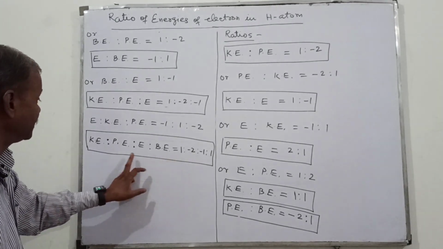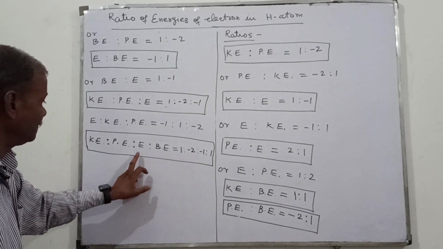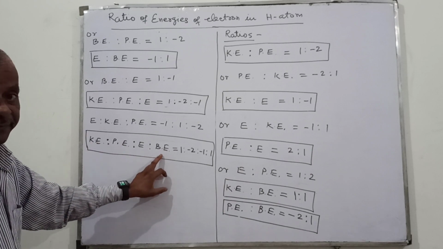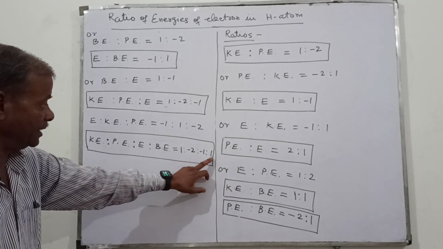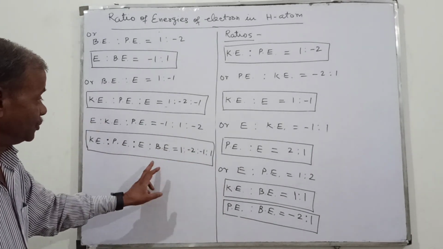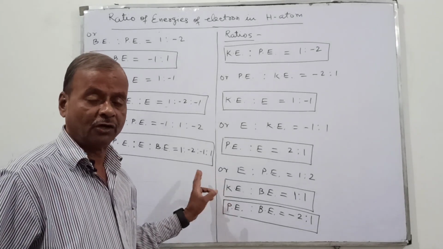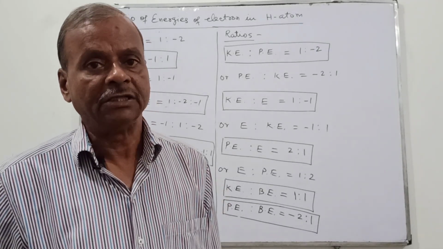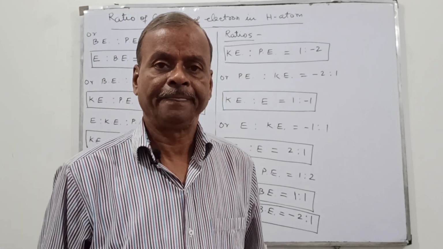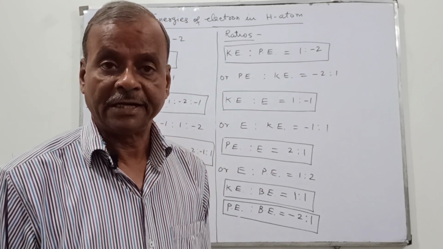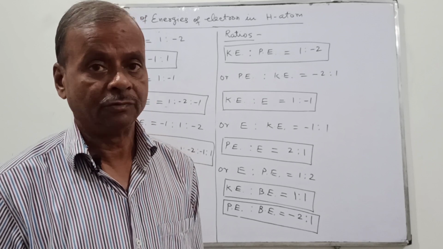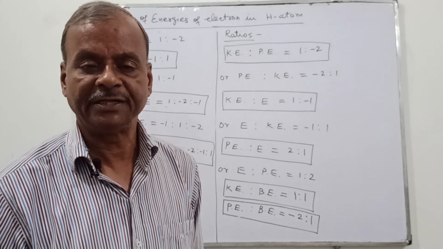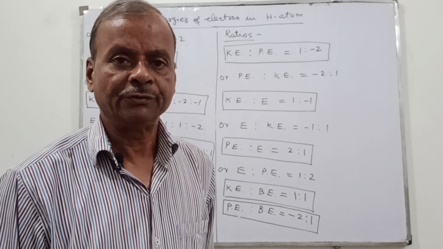But always remember that the potential energy is minus 2, total energy is minus 1, and the kinetic energy and binding energy are always plus 1 and plus 1. So these are the ratios of all 4 energies of the electron in the hydrogen atom. If you remember these relations, you can answer the multiple choice question immediately. Thank you very much.